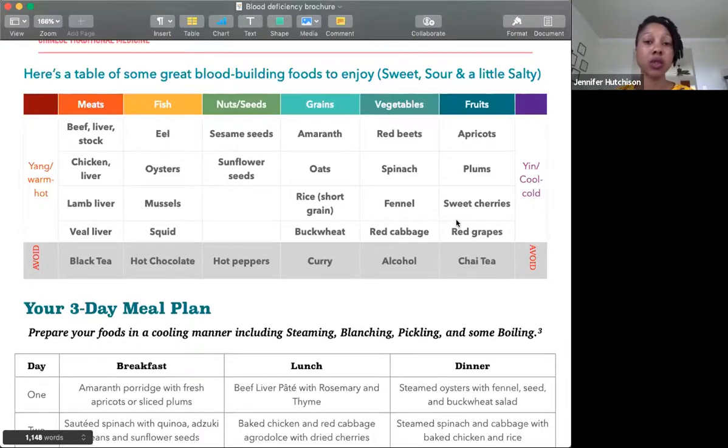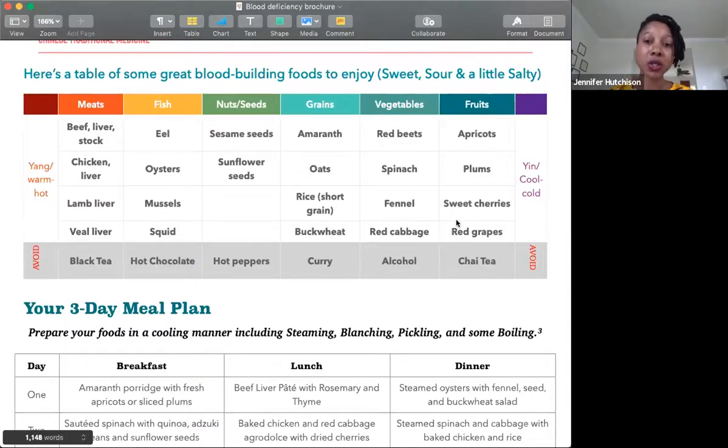Eating a lot of sweets, sugary foods can cause dampness. And when you add fruit on top of that, or sweets on top of that, even natural sweets, it can cause dampness to exacerbate and cause lots of problems, including making blood deficiency worse. That's why I wanted to make that point.